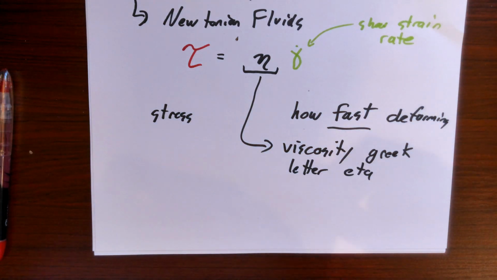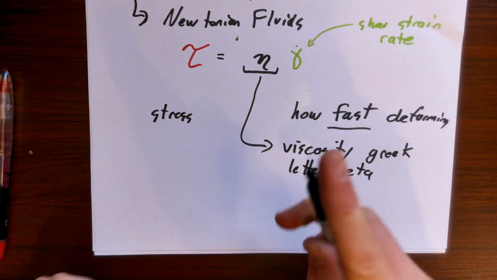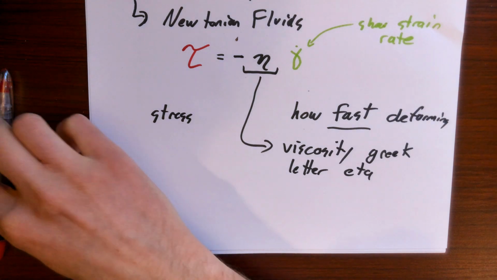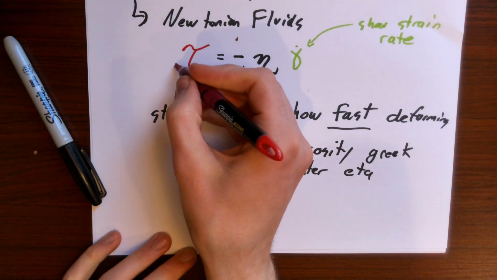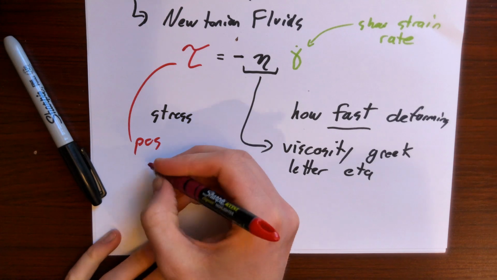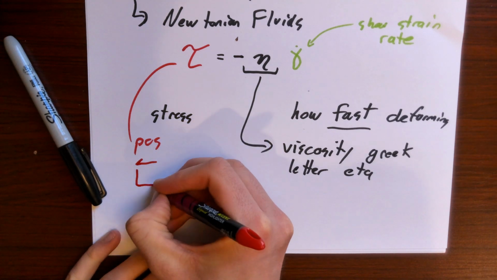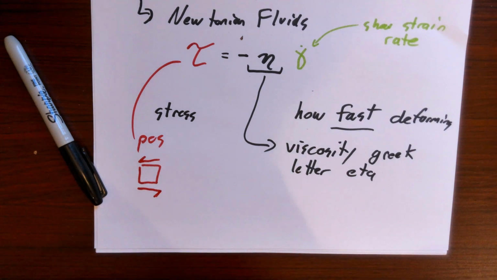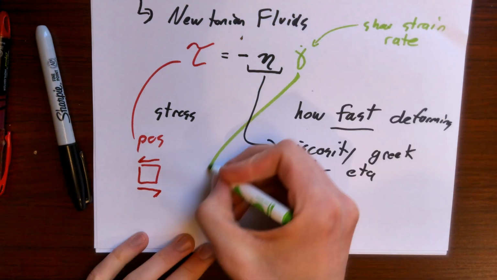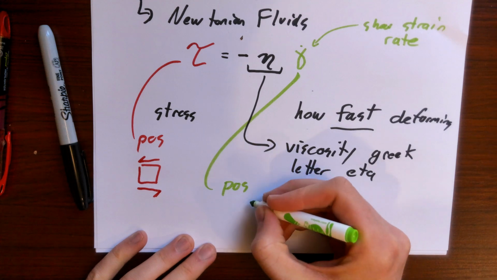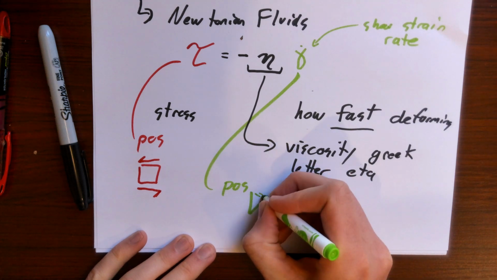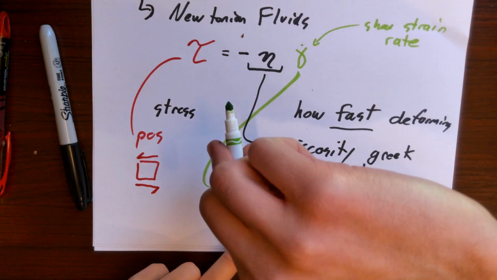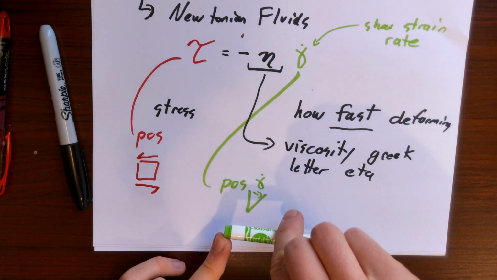So we actually need to include a negative sign in this definition, right? Because positive shear stress is defined to point like this, whereas positive shear strain rate would be the speed at which it's rotating clockwise, right?